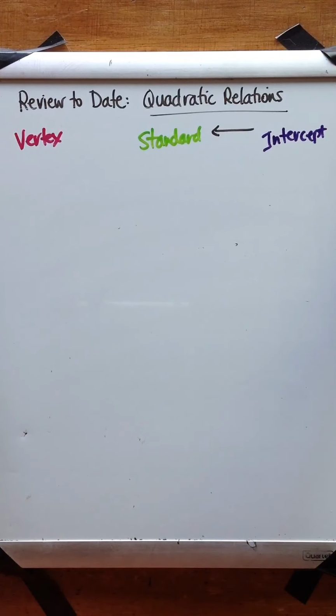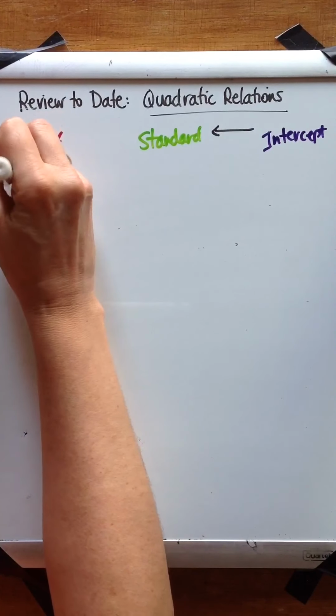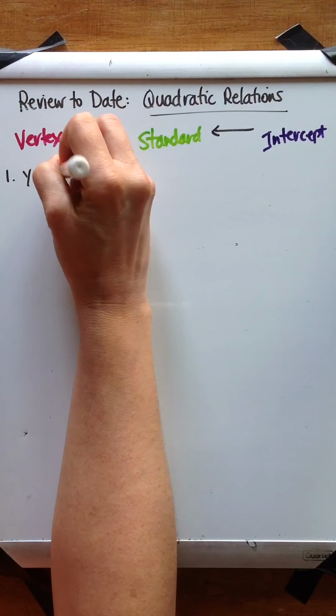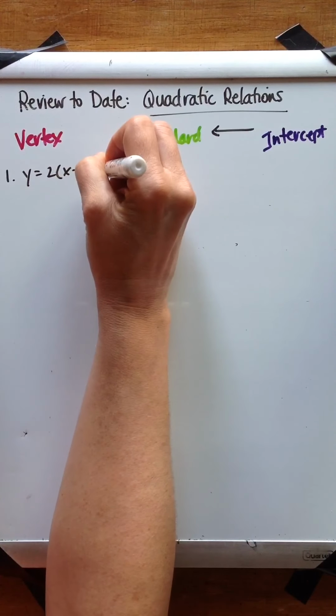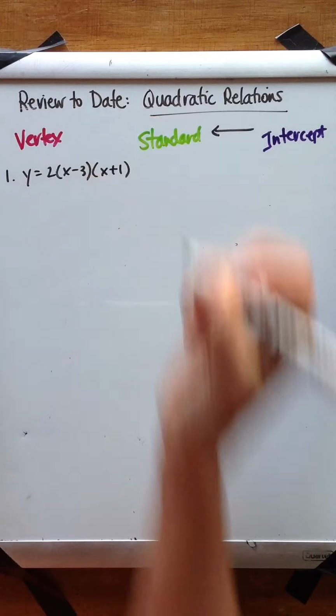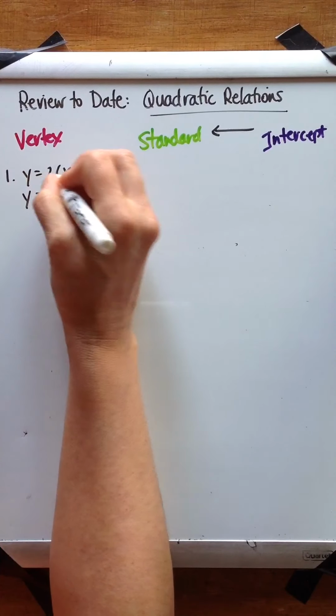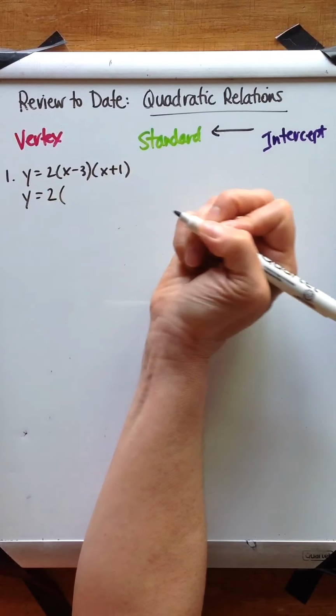Well, let's start with an example. In your notes I have example 1 as y equals 2 times x minus 3 times x plus 1. Well, guess what? You already know how to convert this into standard form. You can use FOIL. So let's do that. Let's leave the monomial alone first and do the FOIL first.